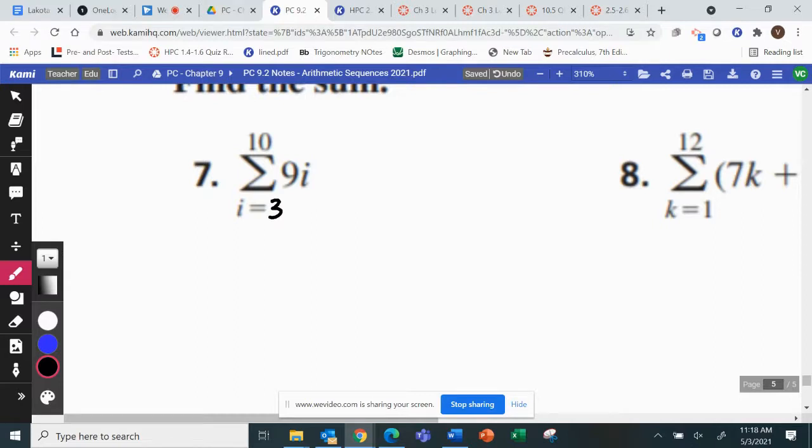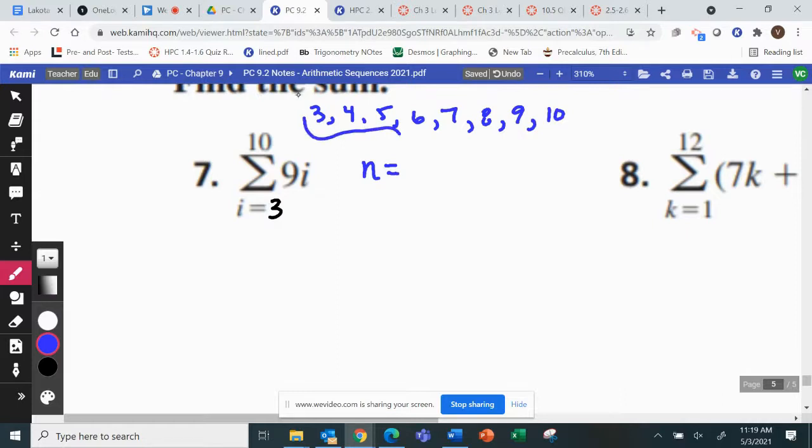So if we have something like number 7 here, what would be the number of terms? It's not 7. It's not 10, no. So we'll have plugging in 3, plugging in 4, plugging in 5, plugging in 6, plugging in 7, plugging in 8, plugging in 9, plugging in 10.